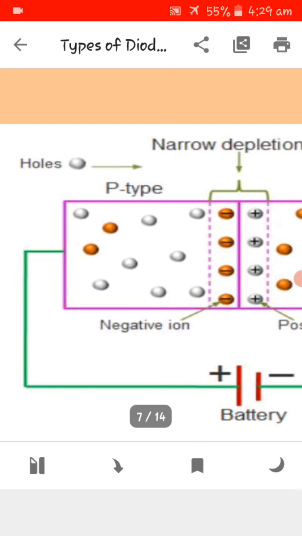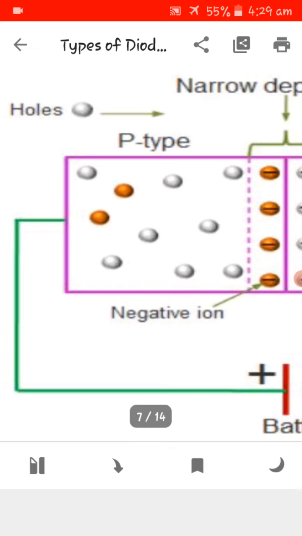But the orange circles are free electrons, and they are in small numbers. So these are the minority charge carriers. So in the p-type semiconductor, holes are the majority charge carriers and electrons are the minority charge carriers.